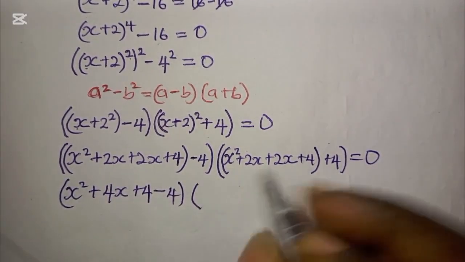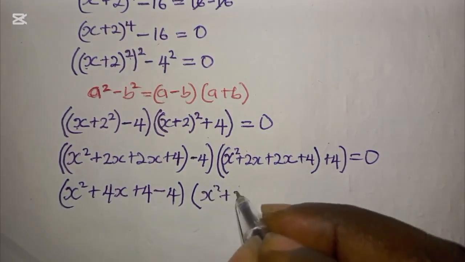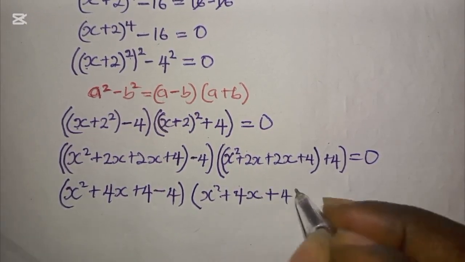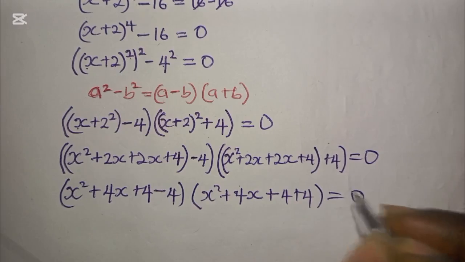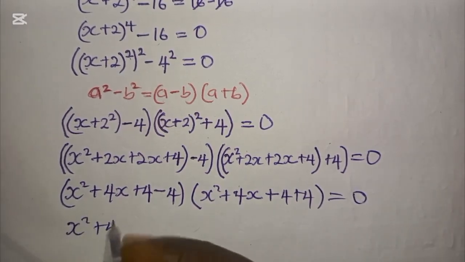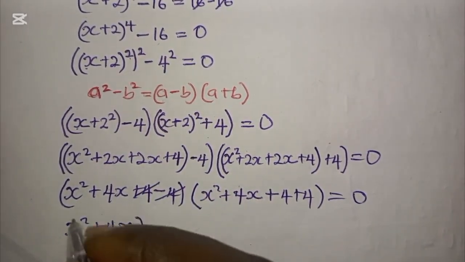So we have here x squared plus 4x, plus 4 plus 4, all equals 0. So we now have x squared plus 4x. This has cancelled this.